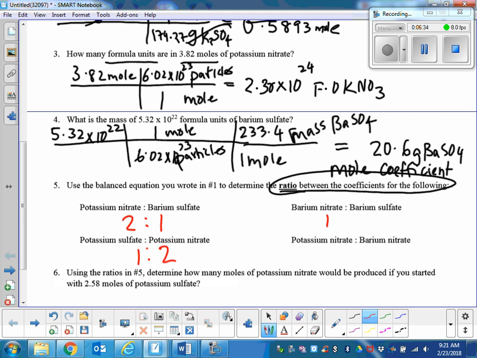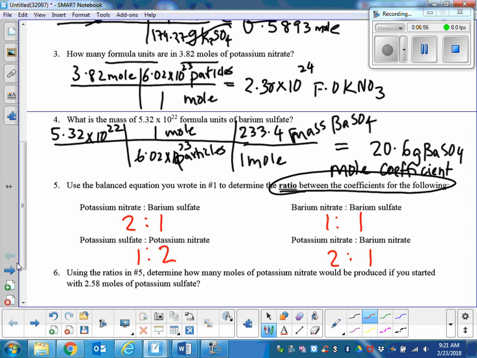What is my ratio between barium nitrate and barium sulfate? Is it 1 to 1? What is my ratio between potassium nitrate and barium nitrate? It's 2 to 1. Again, most chemistry problems are ratio problems. We just need to know how to solve them.